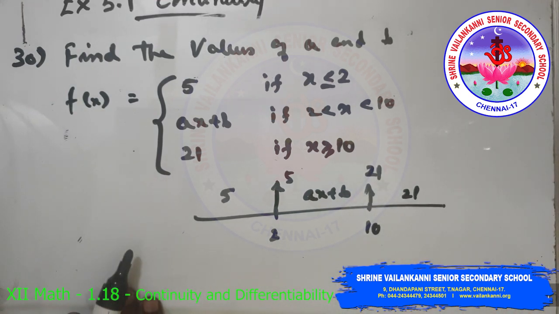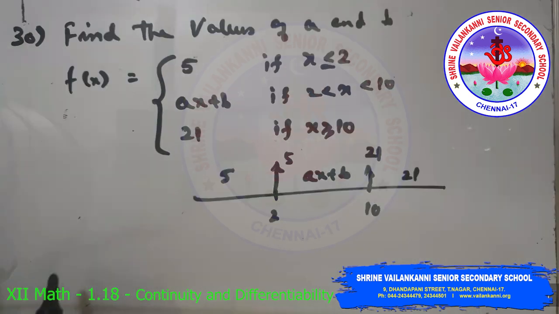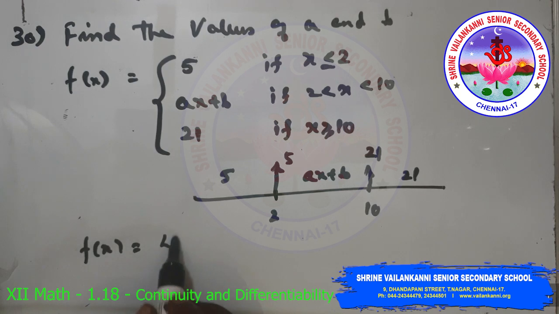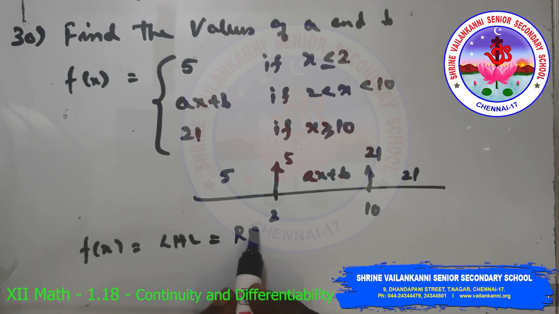So it is given that it is a continuous function. So f of x is equal to left hand limit, which is equal to right hand limit. If these three values are equal, it is continuous.